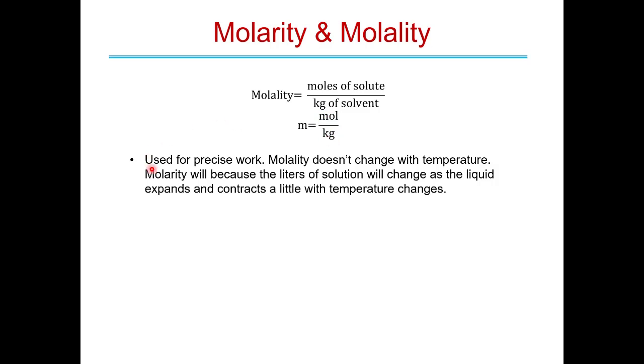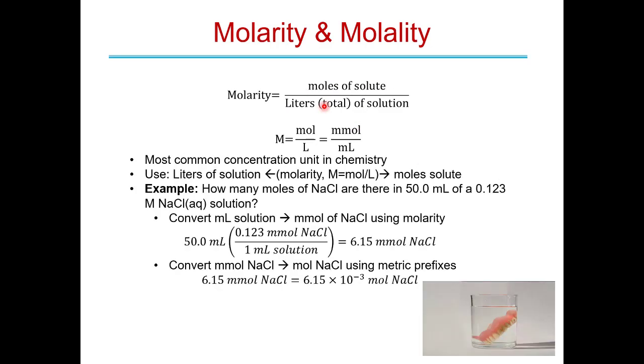So when do we use this? Well, this is typically used for precise work. Because it's a ratio of moles per kilogram, molality does not change with temperature, because moles and kilograms won't change with temperature. If we go back and look at the definition for molarity, you see that we've got liters of solution down here. It turns out that as you heat and cool substances, they tend to expand and contract, right?